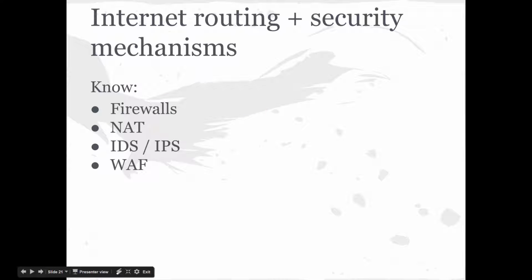You should know the mechanics behind firewalls, network address translation, otherwise known as NAT, intrusion detection systems and intrusion prevention systems, and web application firewalls, as well as their weaknesses. The way attackers still get through firewalls is by attacking targets behind the firewall over allowed services.